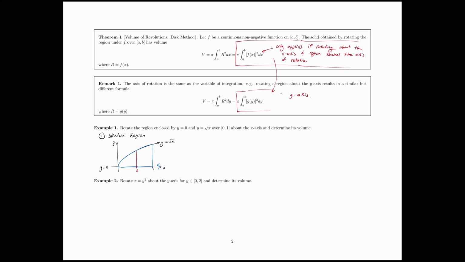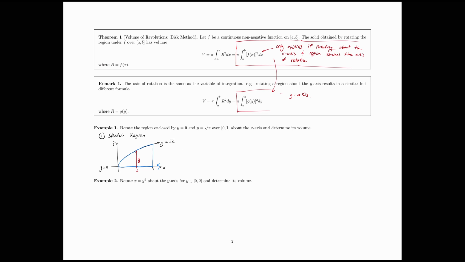Okay, so since this is the radius, we need to know what this distance is. Whenever we measure anything from the x-axis, we're allowed to call that distance a y.